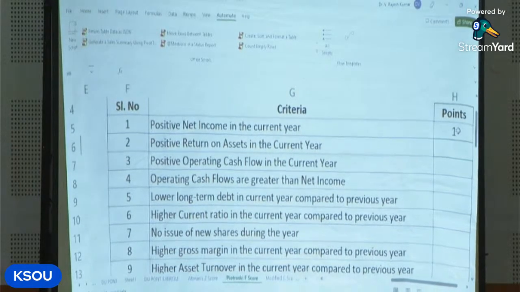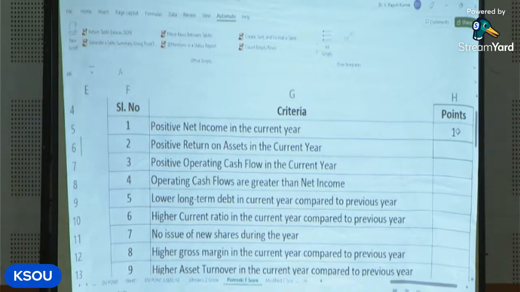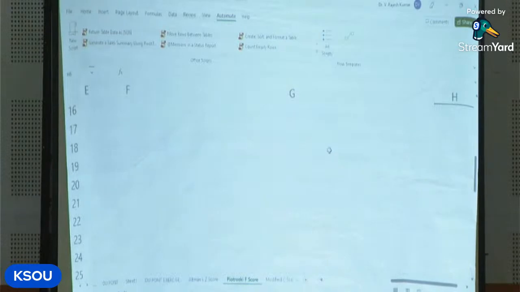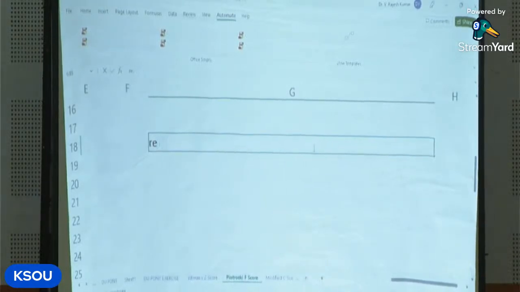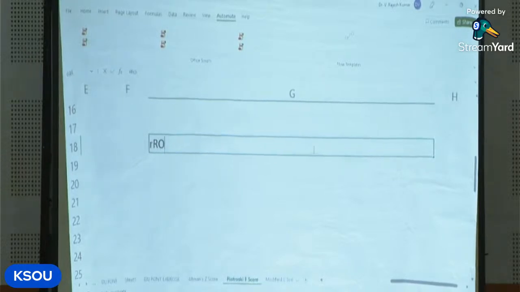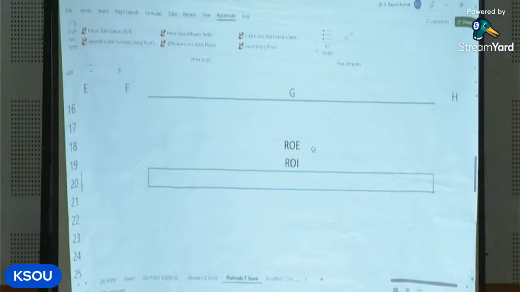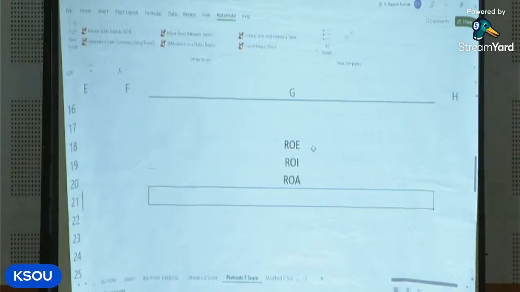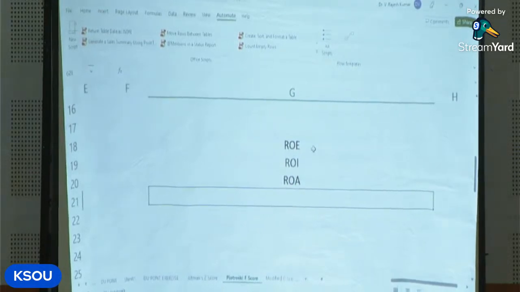Second, positive return on assets in the current year. Now, what is return on assets? How do we calculate return on assets? So, we had, if you remember, ROE, which we discussed. ROI, we discussed. This is ROA. All are different. How did we calculate ROE, sir? PAT by shareholders' funds. About ROI?